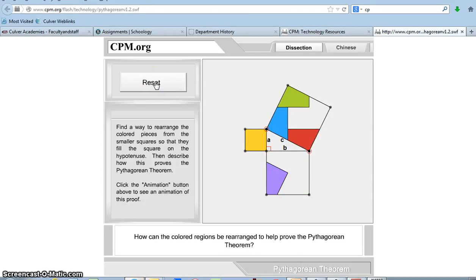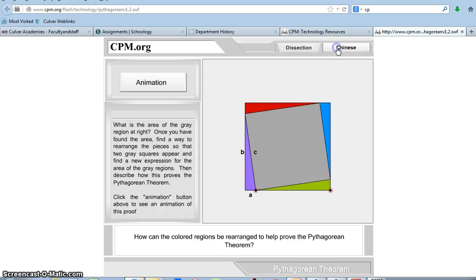Nothing's overlapping. So this is another proof for the Pythagorean theorem.